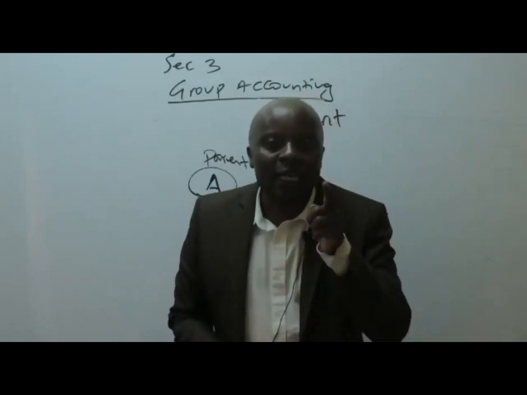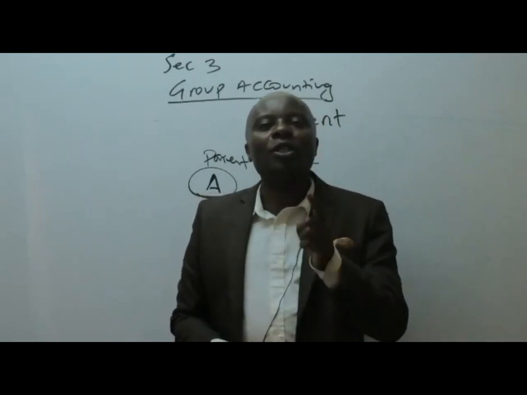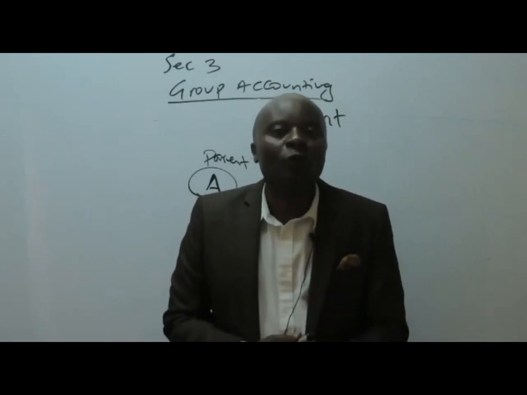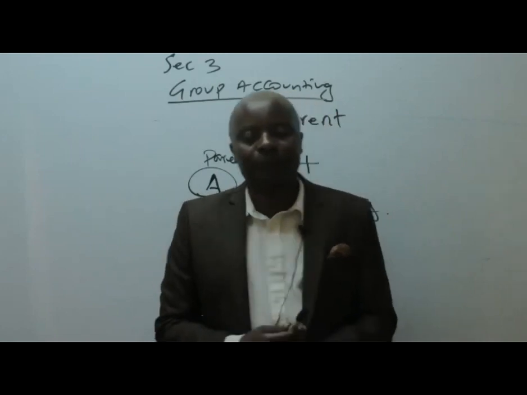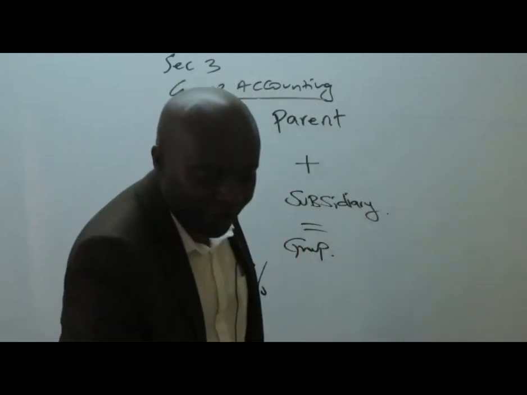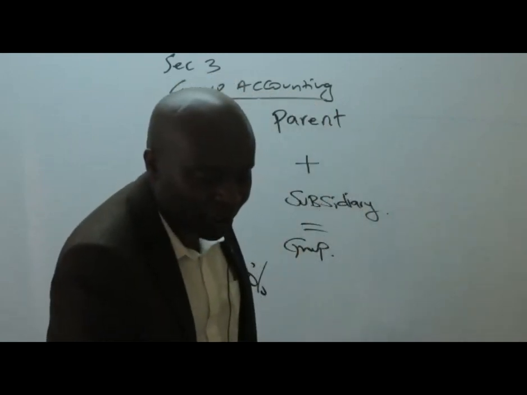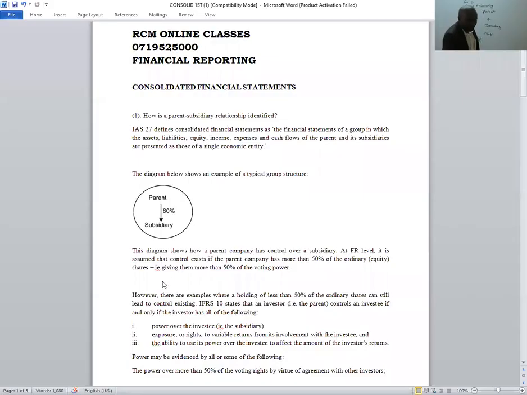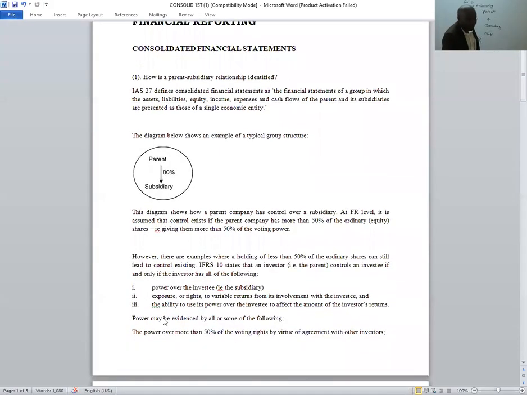But even with that power, there is a second condition: you must be exposed to variable returns. Number three, the third and the last condition, we are told here, the ability to use its power over the investee to affect the amount of the investor's returns.